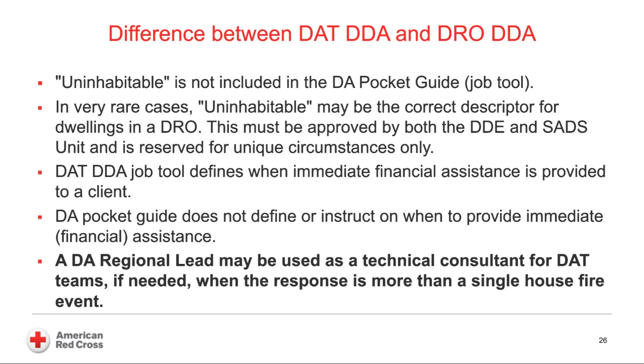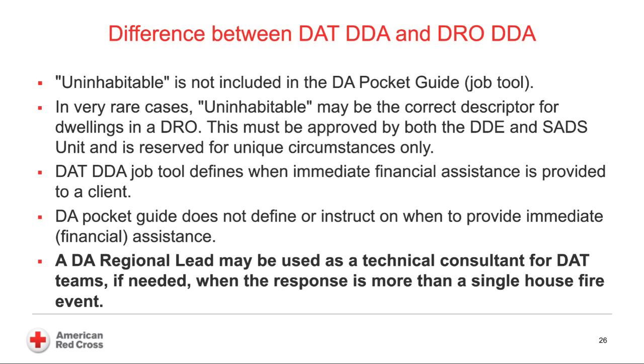The last thing we want to make sure everybody knows is that many regions do have a DA lead, somebody who has worked their way through a GAP process, or who has studied the DA pocket guide classifications, and might be considered the local leader in this.